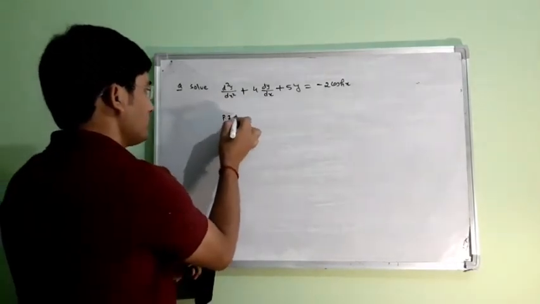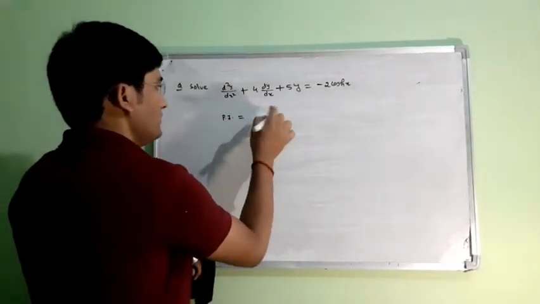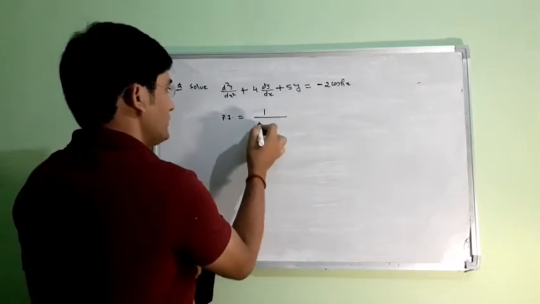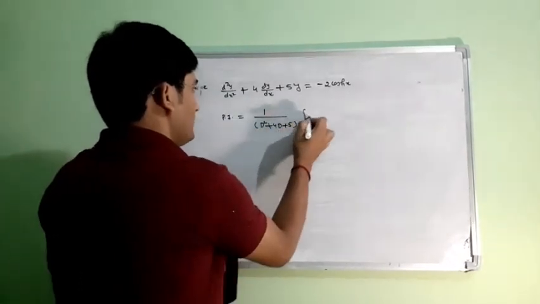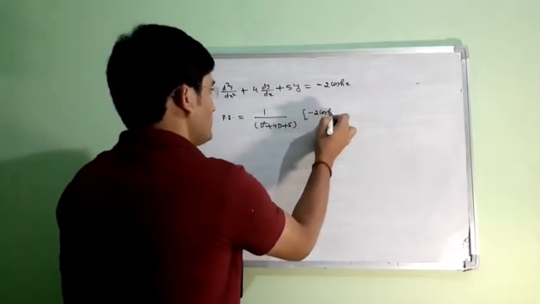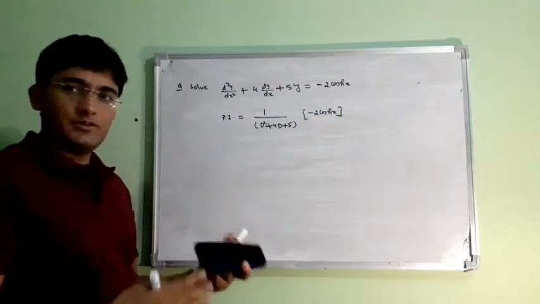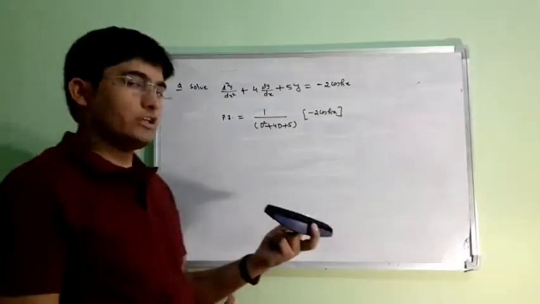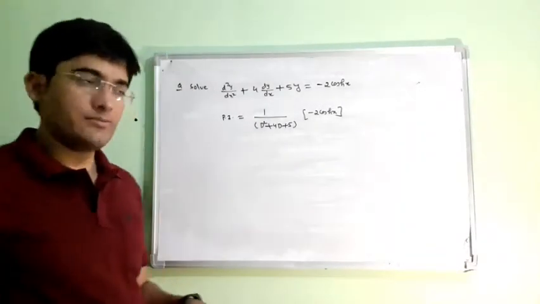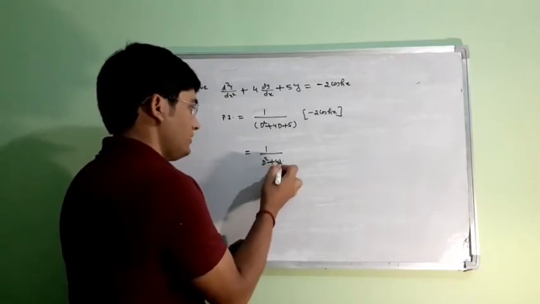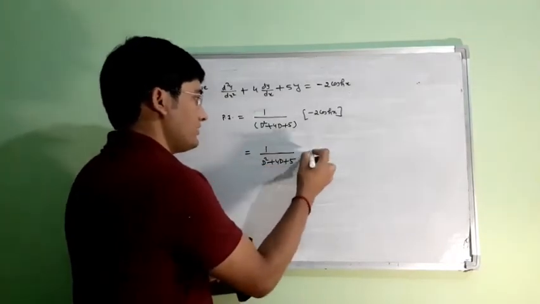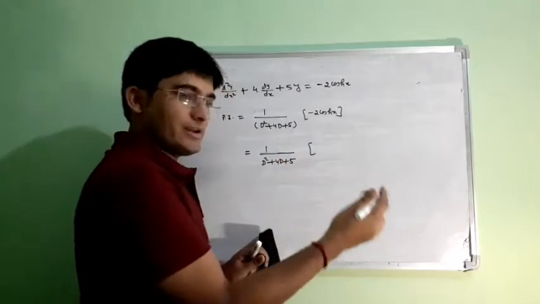The particular integral of this question will be 1 upon (D square plus 4D plus 5) of minus 2 cos hyperbolic x. We have the formula for cos hyperbolic x, which is e to power x plus e to power minus x divided by 2. So 2 times cos hyperbolic x will be e to power x plus e to power minus x.